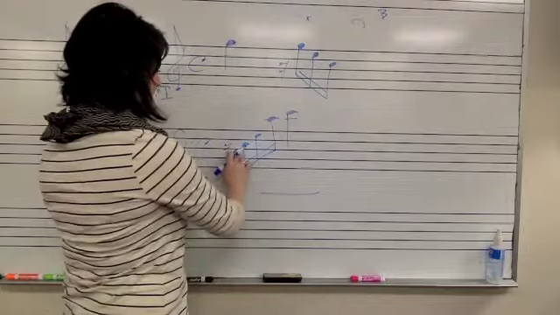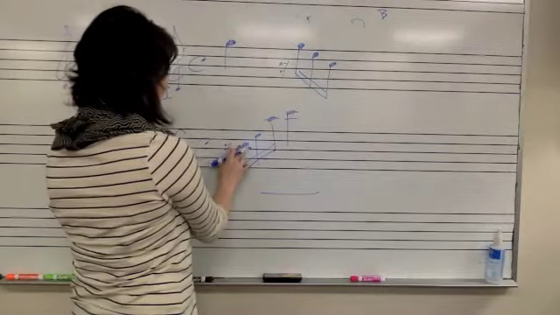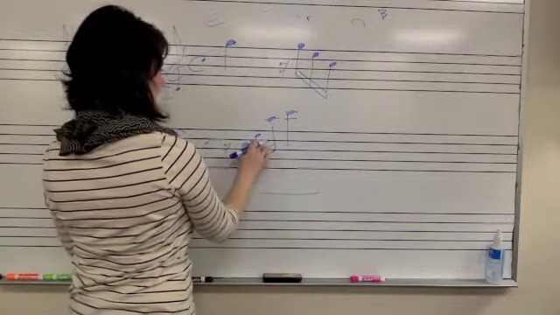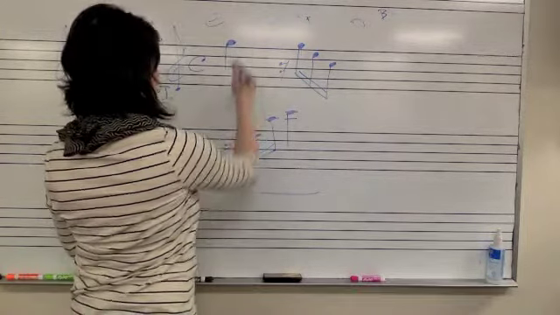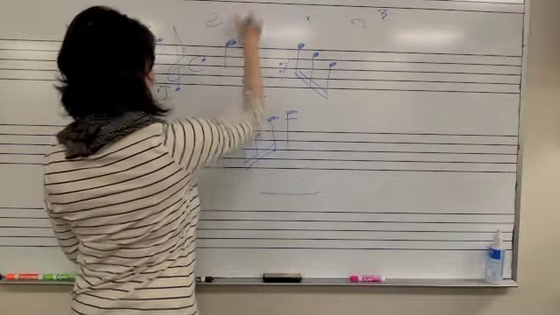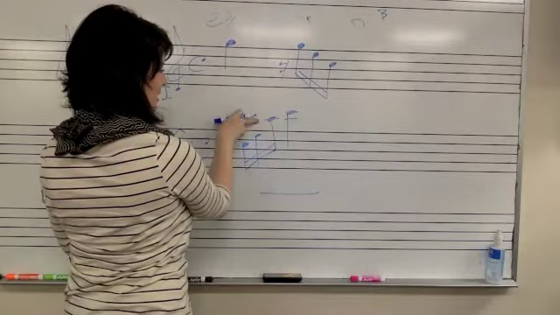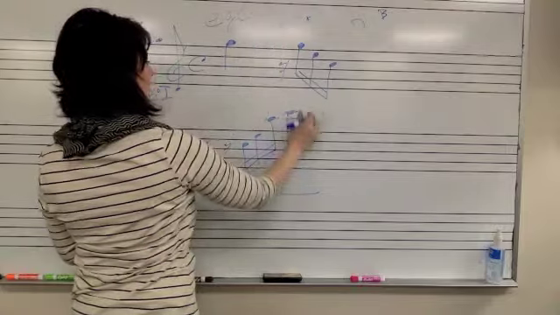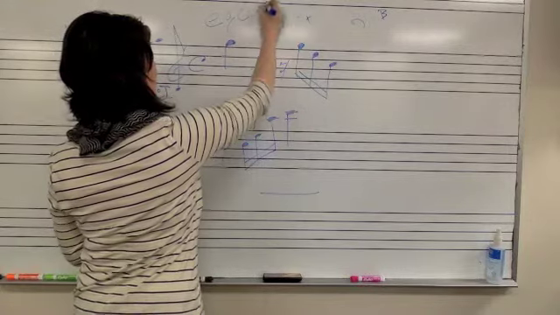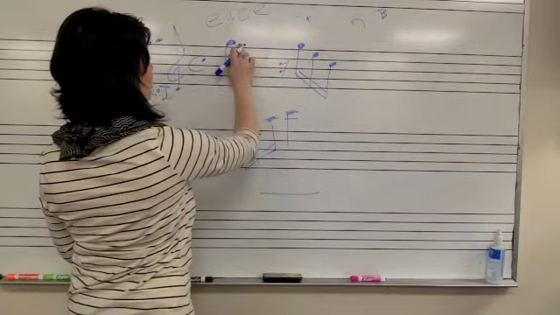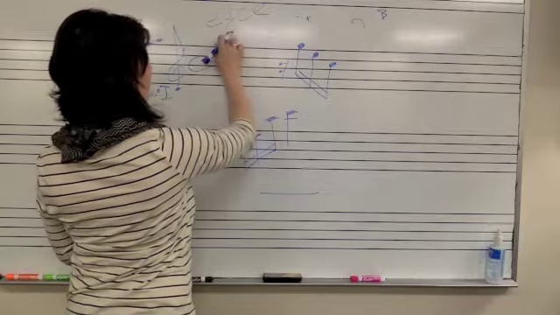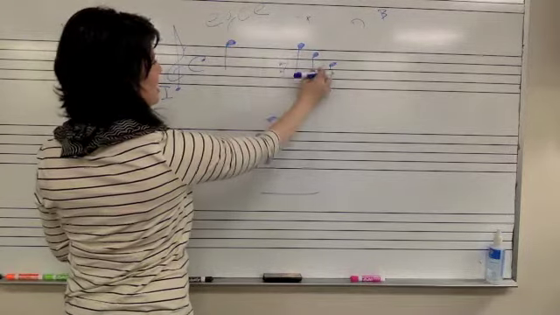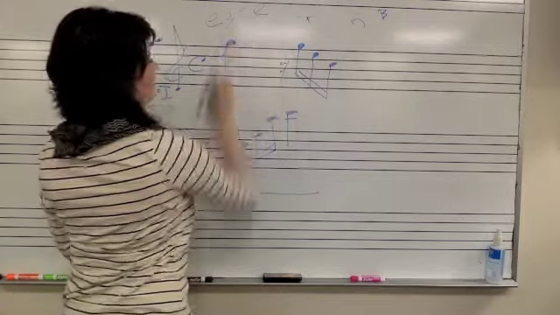So here we've got our lowest note is an E, and we've got a G, and we've got a C, and finally an E. And then up here we've got G, so we've already got G written down, another G, E, and C. So nothing new.